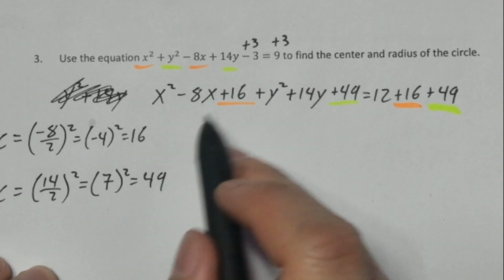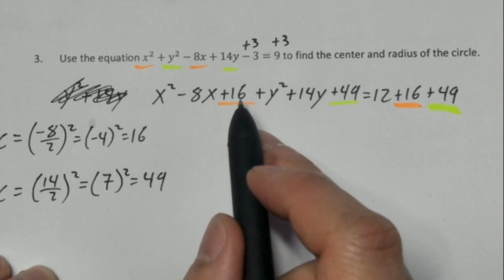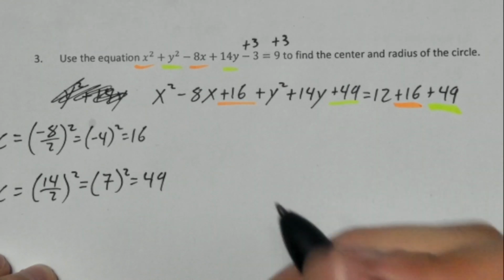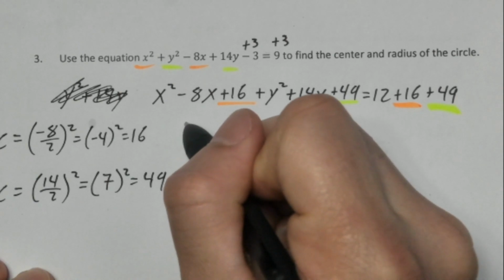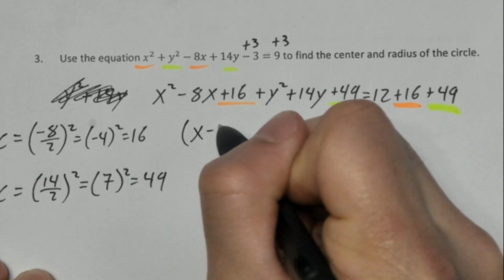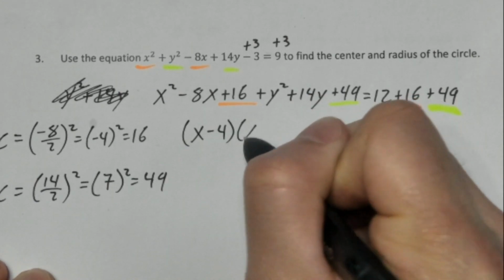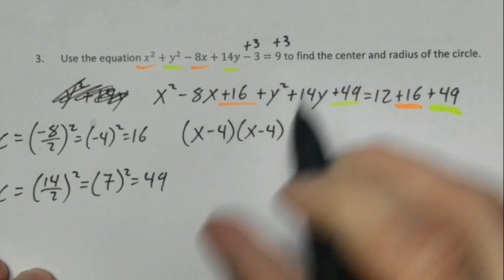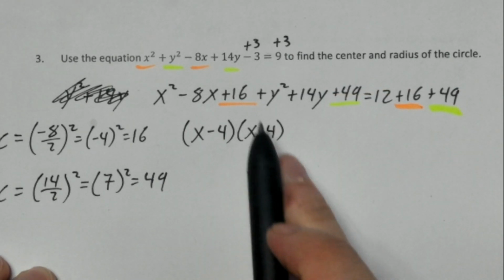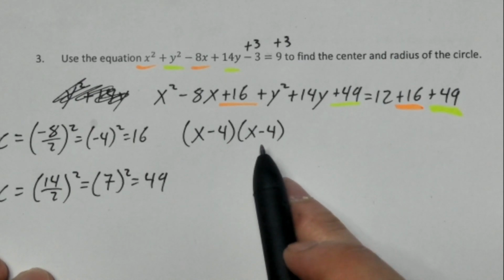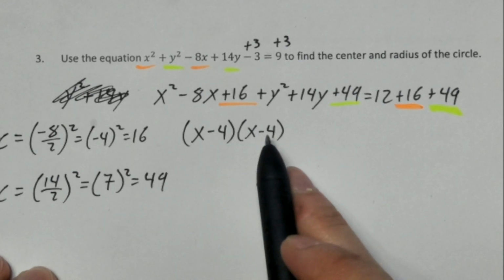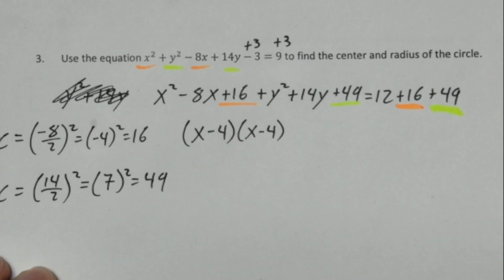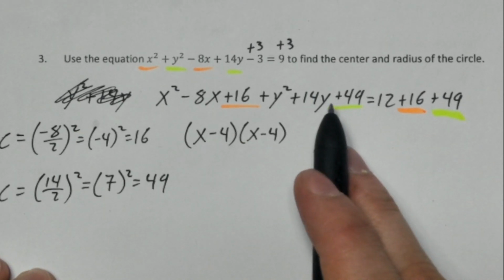Now right here, two numbers are multiplied to 16 and add up to -8. That'll be x minus 4 times x minus 4. You notice -4 times -4 multiplied to +16. -4 plus -4 add up to -8. Well, same thing with the y's.